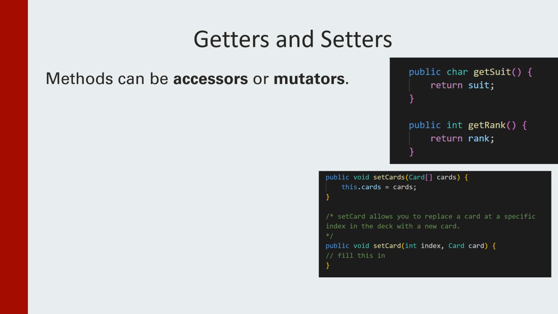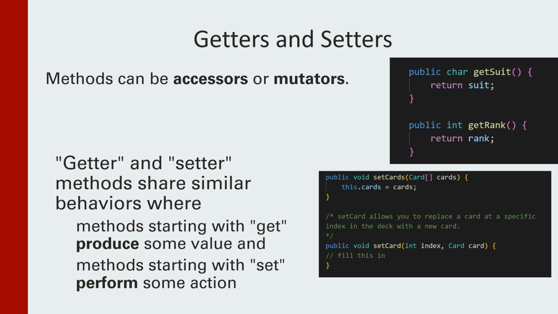So methods can be accessors or mutators. In other words, getters and setters. Methods starting with get, so normally you write get something, produce some value, and methods starting with set usually perform some action. And so here's just some vocabulary. Accessors are getters and mutators are setters. You can call them either way.